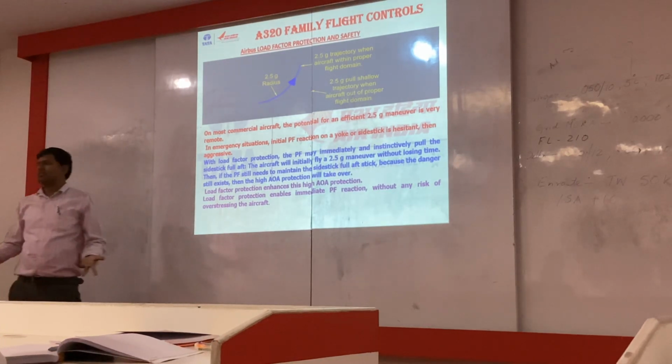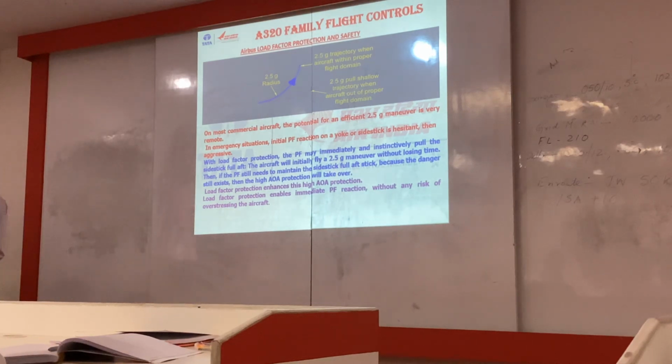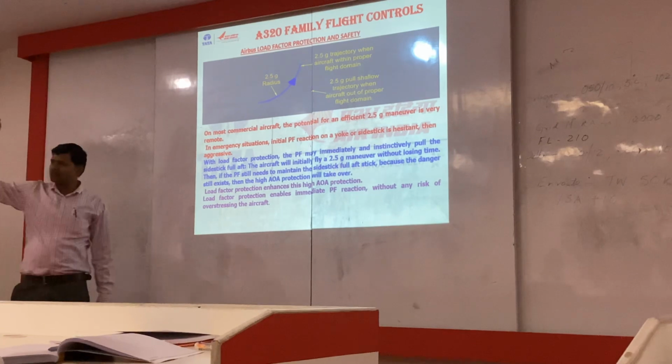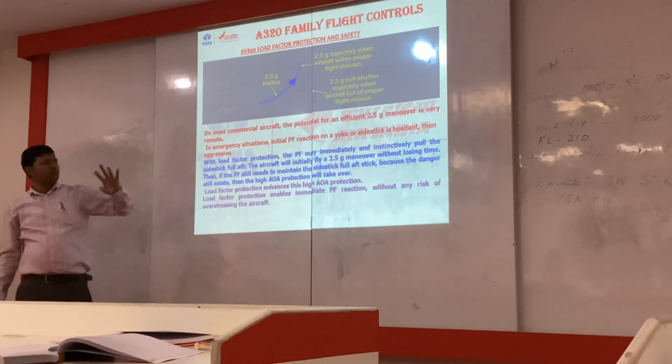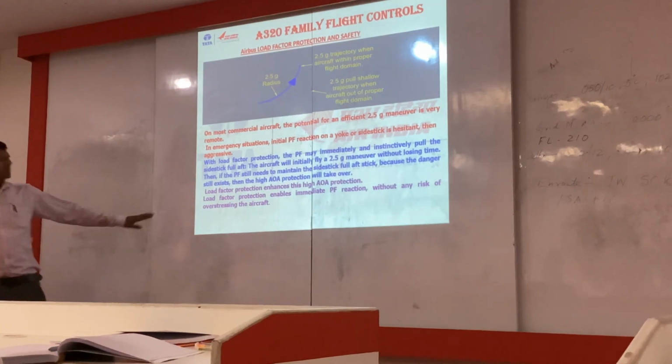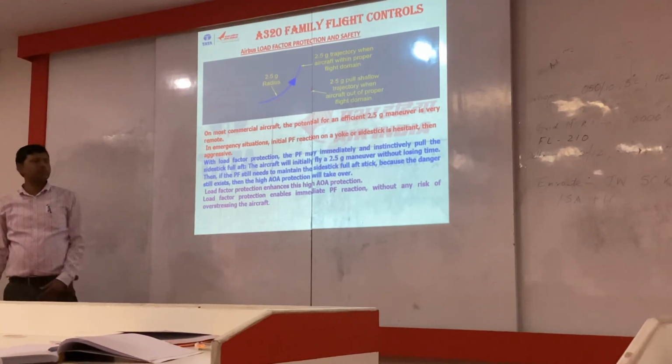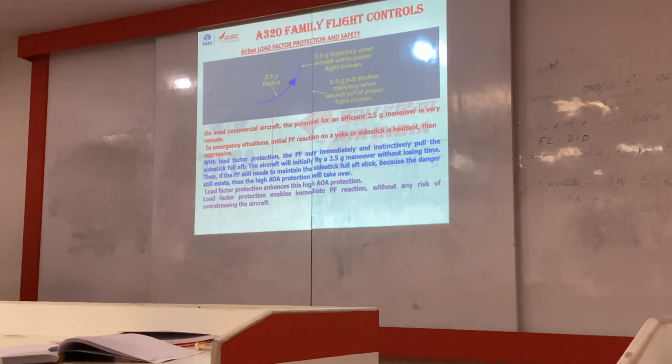The computer gets the demand and my limit is 2.5, so I will take it to the max value without thinking twice. Then if the PF still needs to maintain the side stick because the danger still exists, the high angle of attack protection comes into the picture.